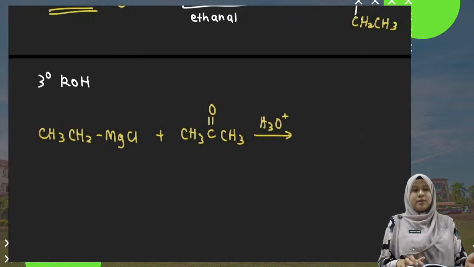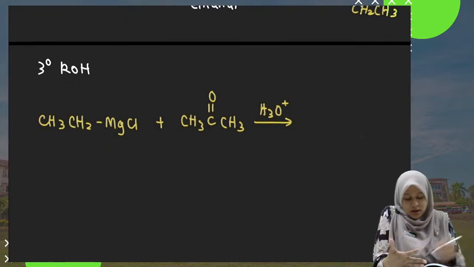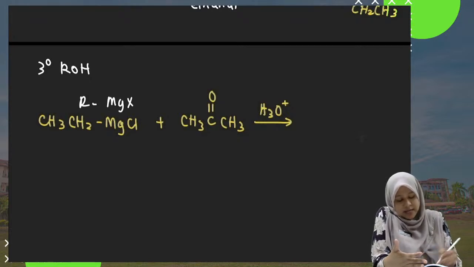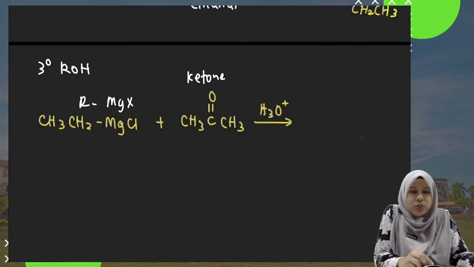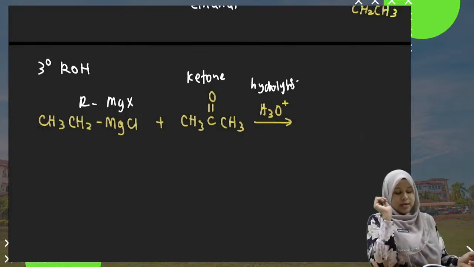Okay, next proceed for the formation of tertiary alcohol. So for tertiary alcohol, Grignard reagent must react with ketone. Ketone here I choose the acetone or we call as propanone, followed by hydrolysis. So we will get the tertiary alcohol.